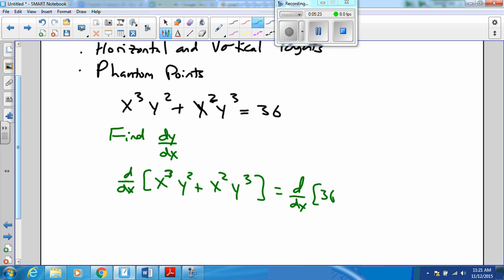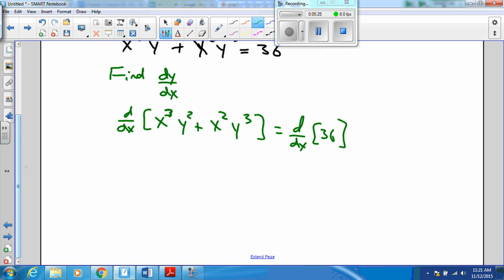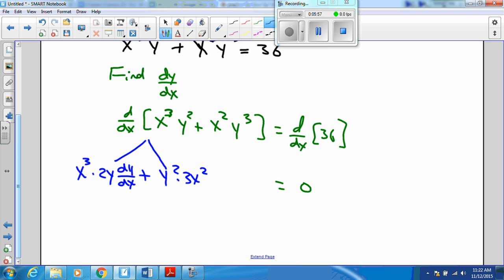And so we start here, like this. On the left-hand side, we get 0. Right-hand side, we get 0. On the left-hand side, we have to remember what? Product rule. If we forget product rule, we're going to do silly stuff. Please notice that I have the product of x cubed y squared in the original, so I have to remember the product rule: first times the derivative of the second plus the second times the derivative of the first.